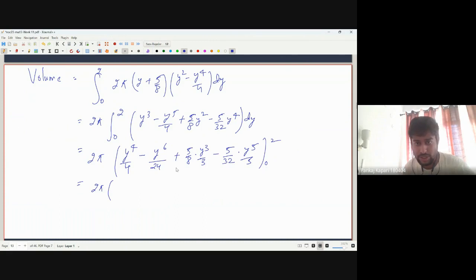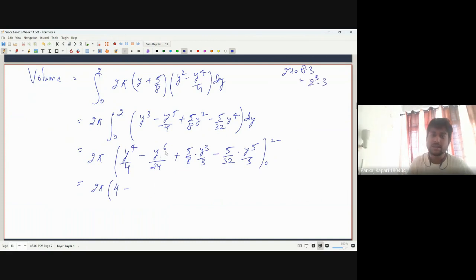So if you put 0, then you get 0. So only the upper limit matters here. If you put 2, then this will give you 4. And from the second one, you'll have 2 to the power 6. In the denominator is 24. 24 is just 8 times 3, right? So 8 times 3, you have 2 cube times 3.